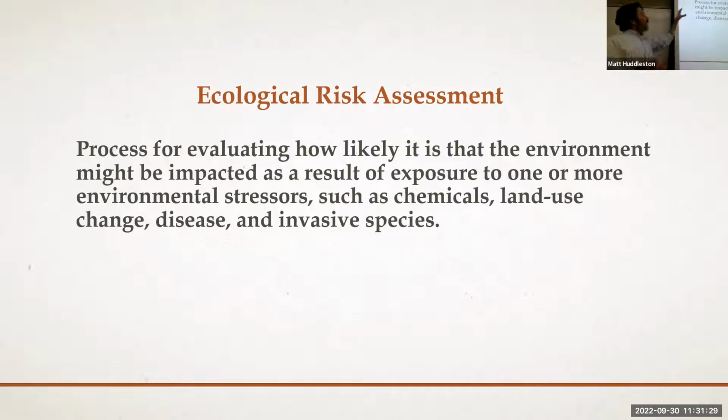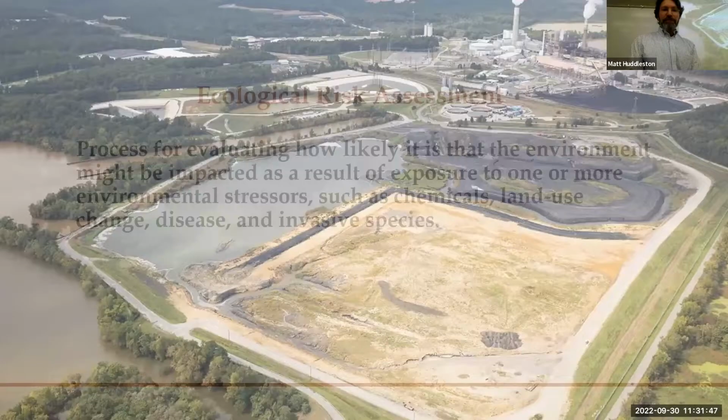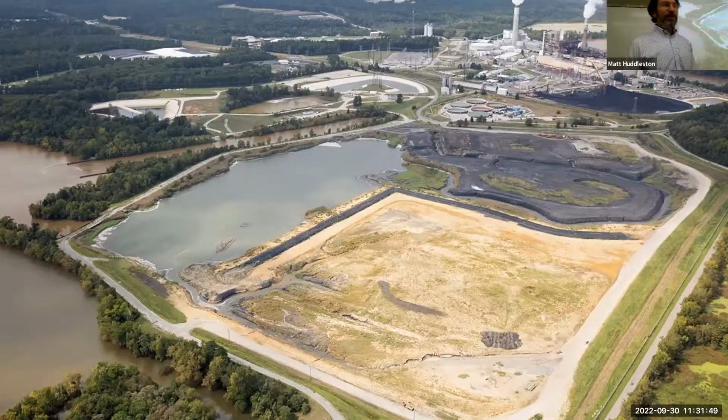And that's a process of evaluating how likely it is that the environment might be impacted by various stressors, and generally chemical stressors, but you can use the same application for others. And I'll give you an example here of coal ash. Now, I'm still working on risk assessments related to coal ash. I've been doing it for about 10 years, and it isn't slowing down because there's lots of these out there and lots of problems to address.